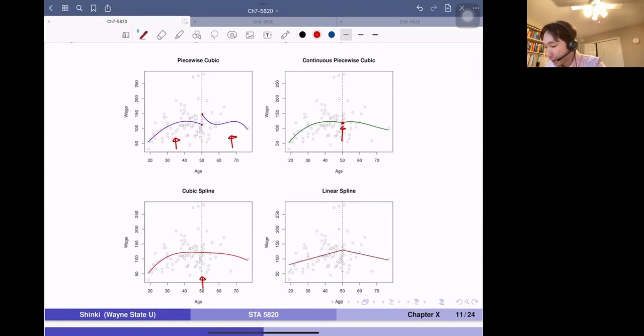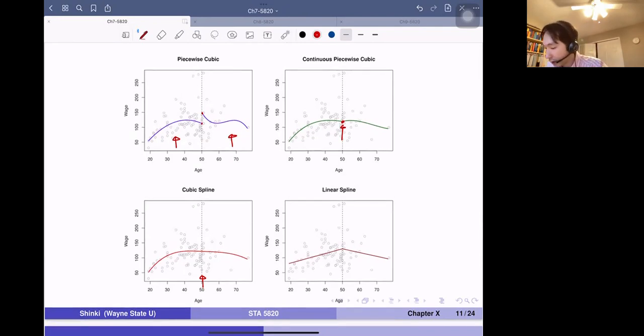This is the lower degree one, the linear spline.